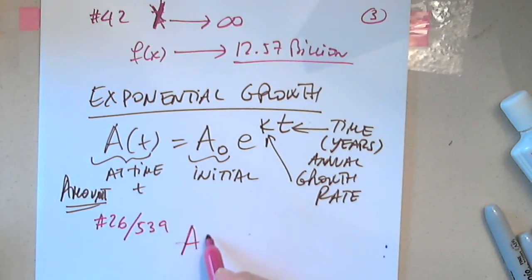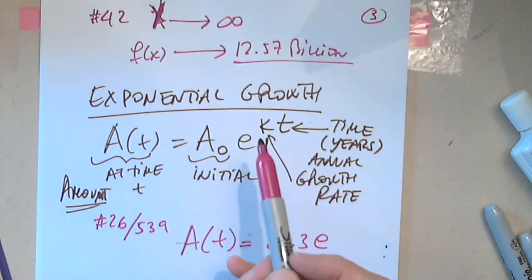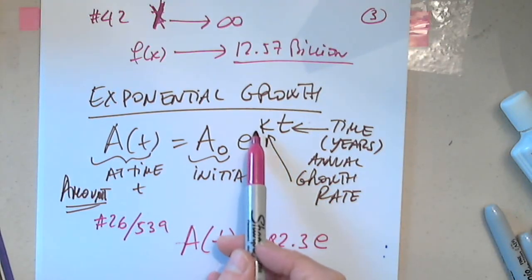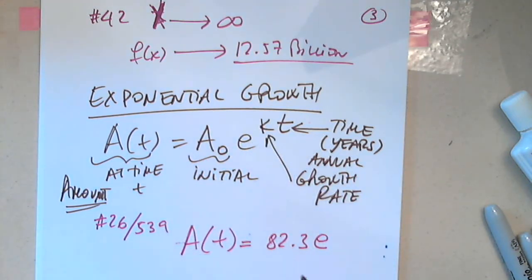We're given a function A of t equals 82.3 times e to some exponent. I started it and I have to finish it now. So this one has a negative in here, so it will be an exponential decay. My apologies. I just picked it. I want to continue it now. It's the same thing.